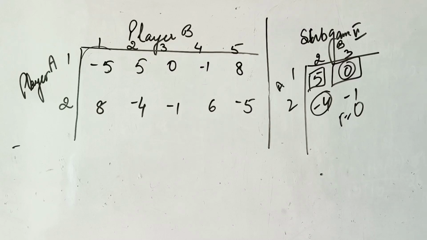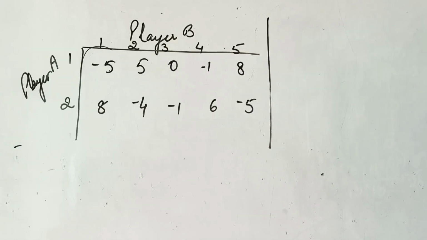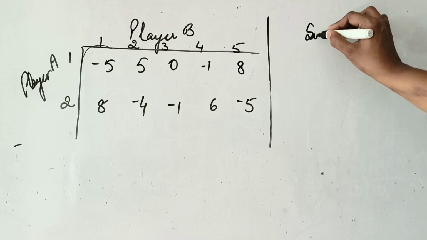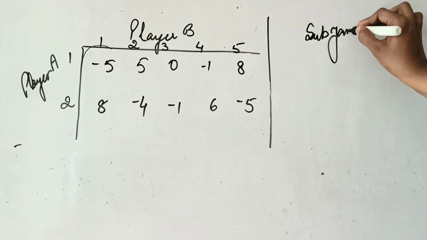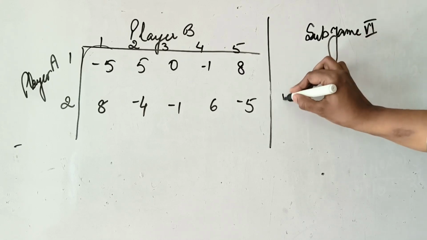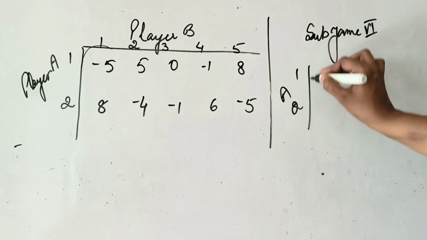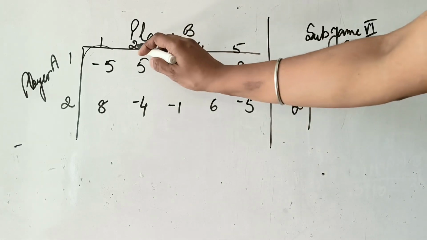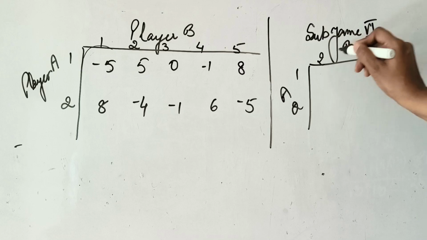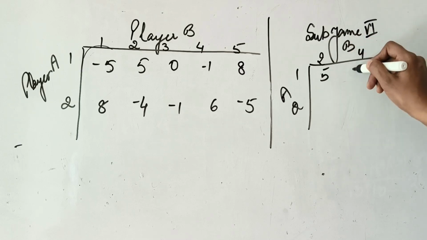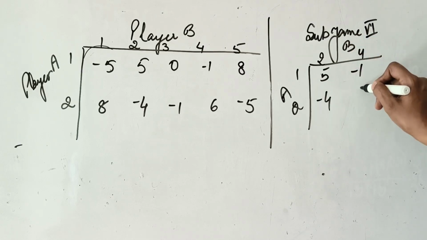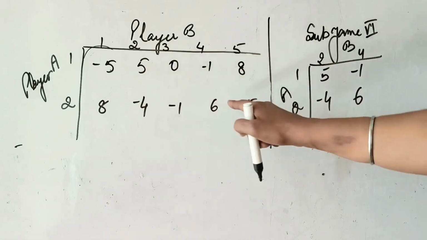So let us move on to the next subgame. Now we have subgame number 6. Again for player A, 1 and 2 strategy. For player B, we had taken second and third. We will now take second and fourth strategy. It will be 5, -1, -4 and 6.